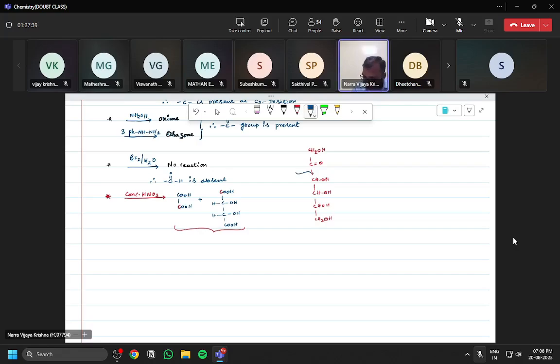If I break this bond and convert this into carboxylic acid, and this also into carboxylic acid, we get oxalic acid and tartaric acid. So formation of these two confirms C2-C3 bond cleavage, this being carbons 1, 2, 3, 4, 5, 6. This means the carbonyl group is confirmed at the C2 position.